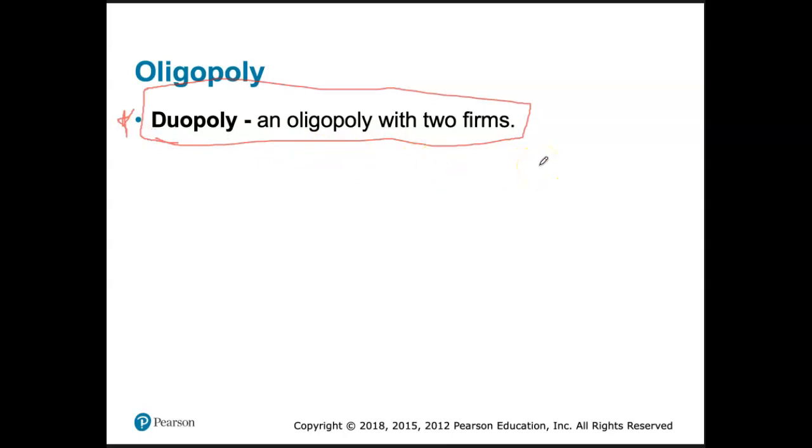We'll explore three models in which oligopolies tend to behave. The first one is going to be called the Cournot model. With the Cournot model, firms will simultaneously choose output without any collusion.